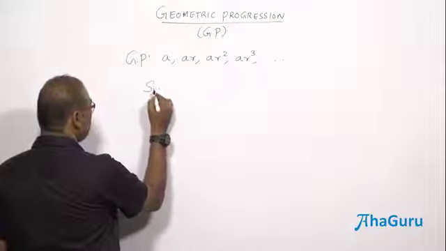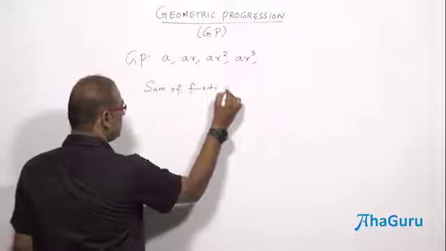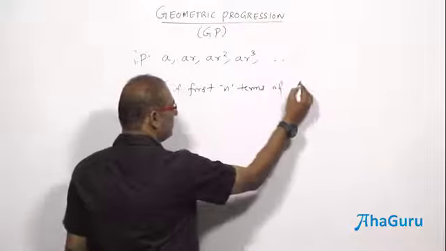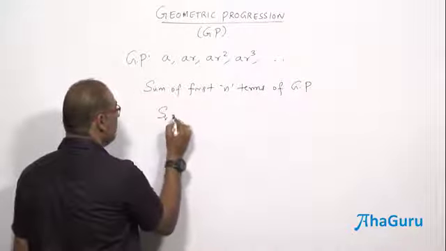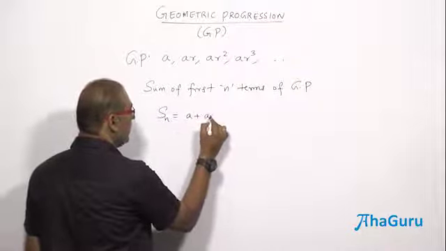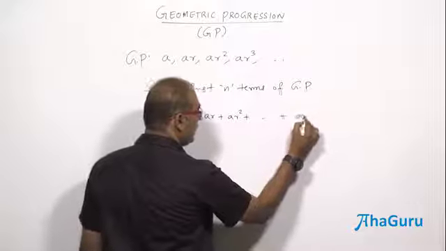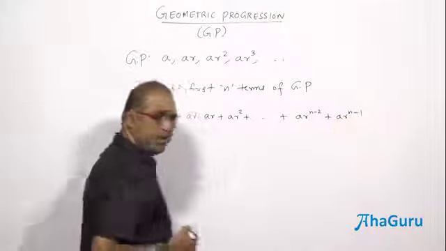That is, we want to find the sum of the first n terms of a GP, right? That means we want, say, Sn, A plus AR plus AR squared, and you get AR power n minus 1.